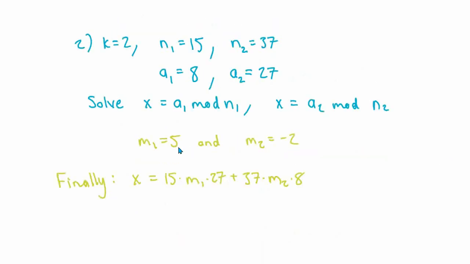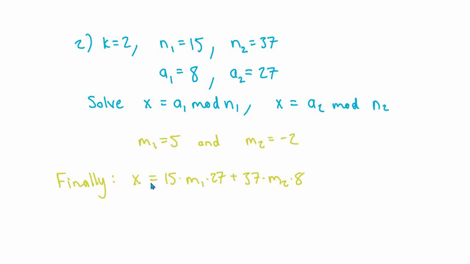Well, now that we've computed m1 and m2 with the properties that we want, we can take x to be n1 times m1 times a2 plus n2 times m2 times a1, and we know that this integer x is going to be a solution to our simultaneous system of equations.